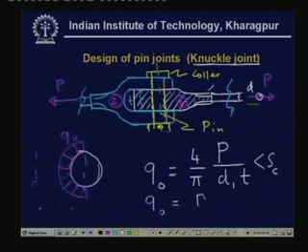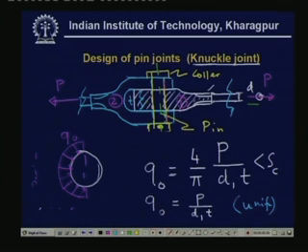Let us say this is based on uniform pressure theory. In the uniform pressure theory we have a q naught which is a little lesser than the other, which is multiplied by a factor 4 by pi, greater than 1. So we have more pressure over here.